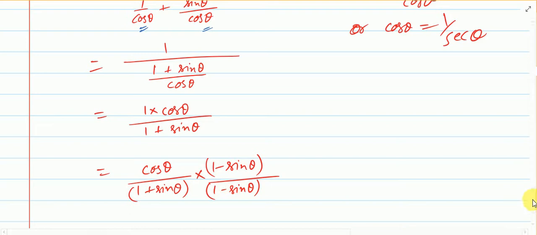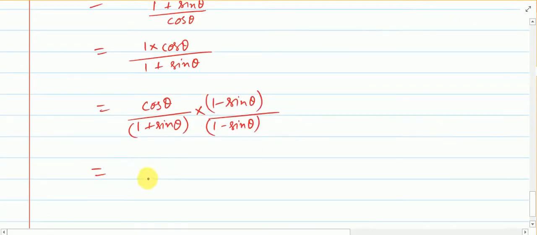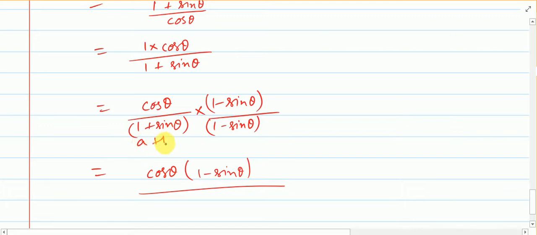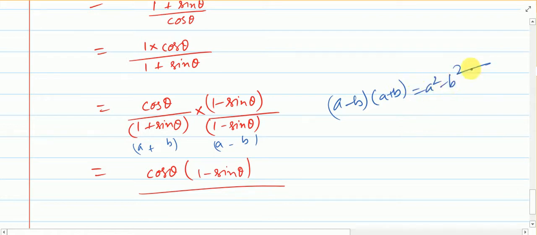So here cos theta into 1 minus sine theta, and down this is like a plus b, this is a minus b type. You know that if you have a minus b into a plus b, then you get a square minus b square. So using that, here we get 1 square minus sine square theta.